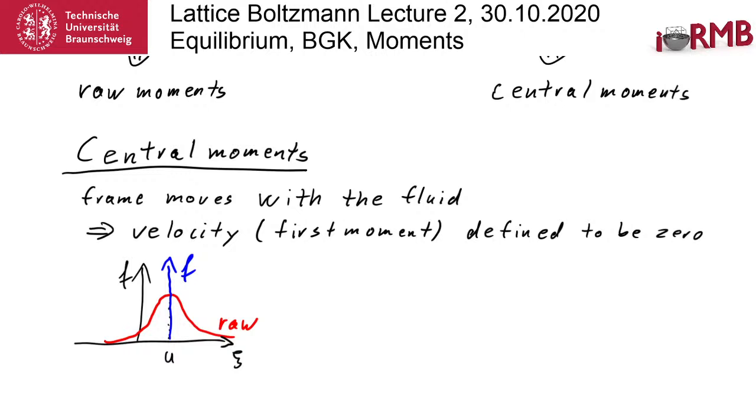If we shift this distribution to the moving distribution, then the velocity, which is this in raw moments, will be 0 in central moments because we shifted the coordinate system. This is called the Galilean transformation.